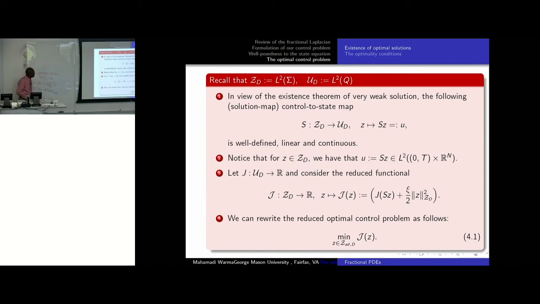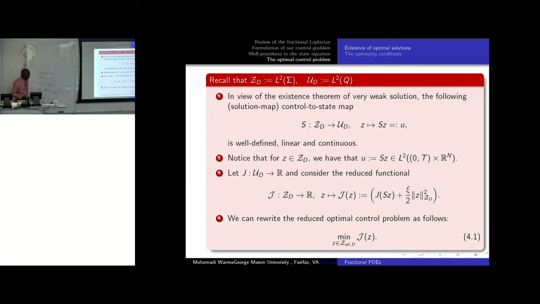Now we come back to our control problem. Since our state equation, the parabolic equation, is well posed and we have continuous dependence of the solution, our solution map, which takes a control to the very weak solution, is linear and continuous.